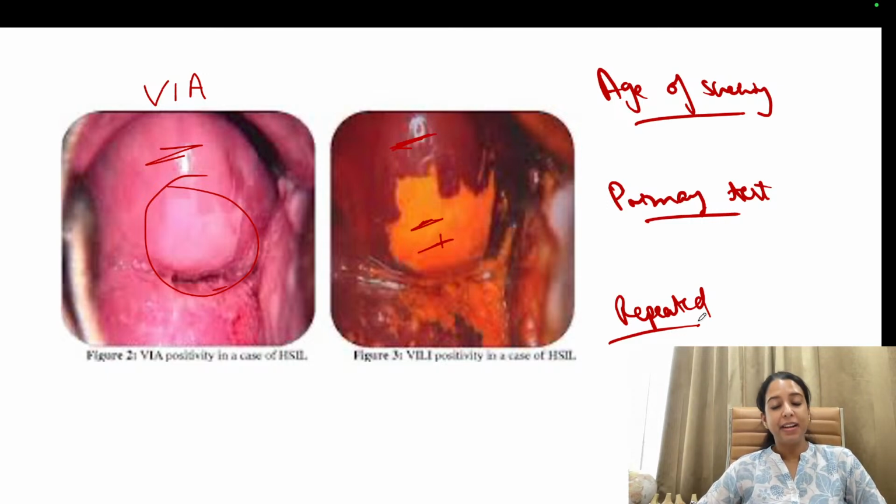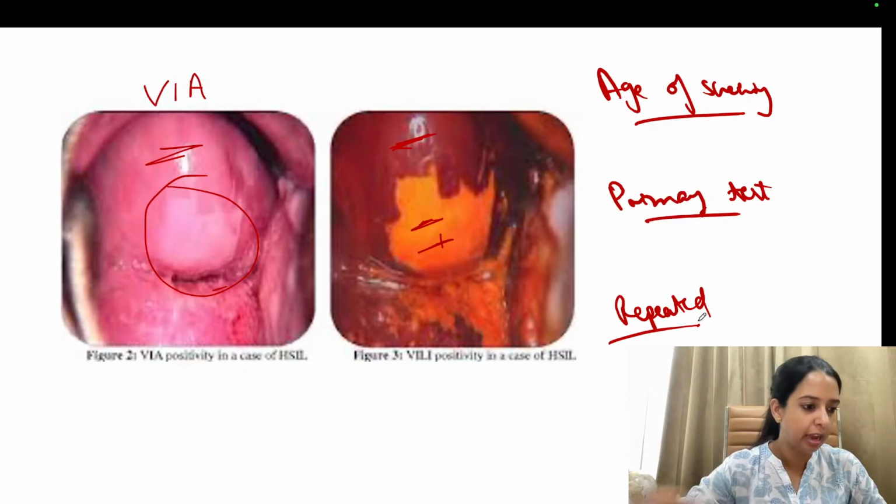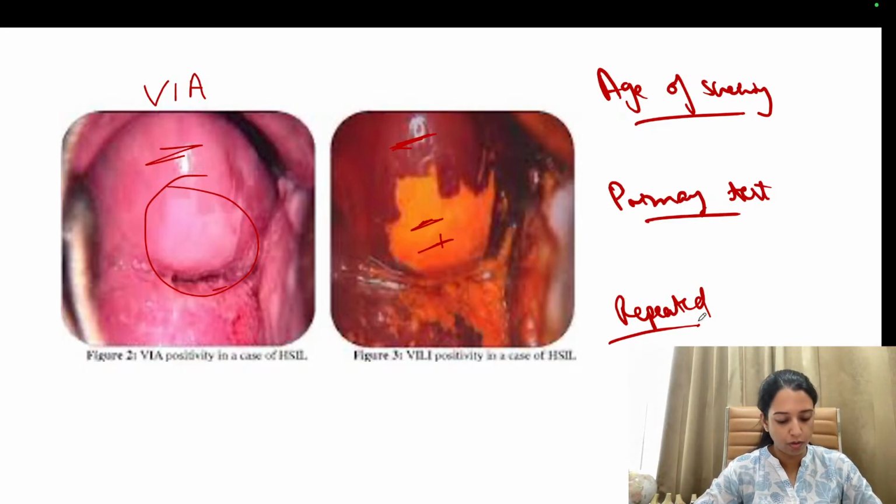And I need the updated version, updated screening guidelines. When should it be started? I want to see how updated you are, because in many books the screening guidelines have not been changed, but actually they were changed 2 years back.